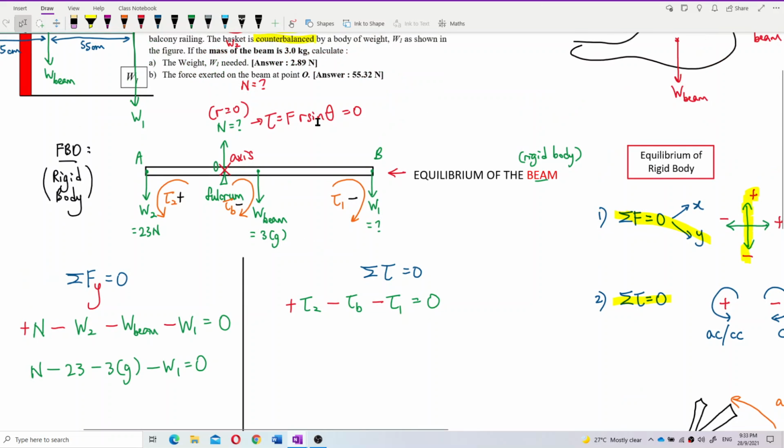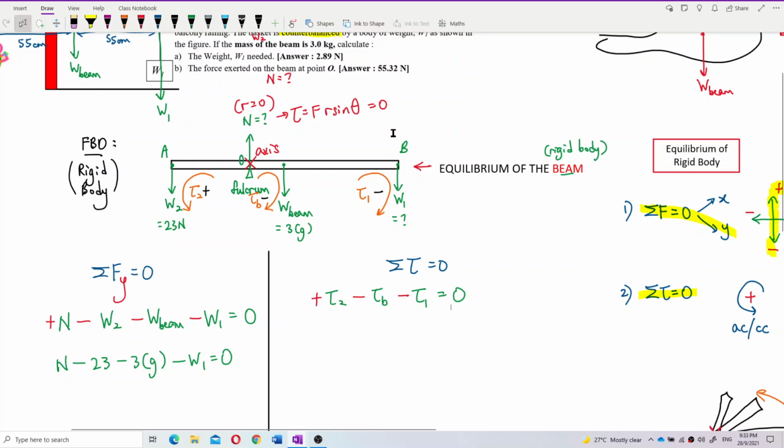Okay, now once we have the direction, now we apply the formula. Torque is equal to Fr sin theta, where here the theta is actually angle between what? F and R. Okay, so now look at torque 2. What is the force? Weight 2, isn't it?